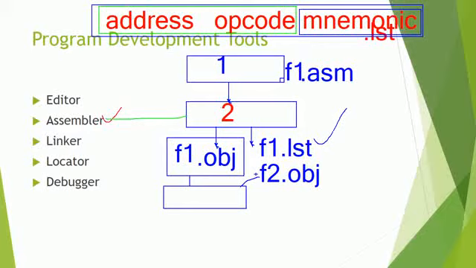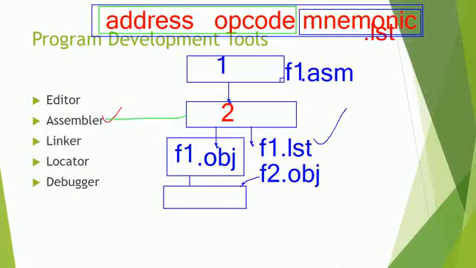Let us suppose you are executing your program. If you are not including f2.obj, the header file in .obj format, then executing f1 is not going to work, because you do not have the printf function declaration and definition, which are in the header file in .obj format.